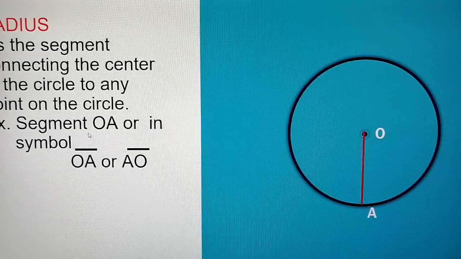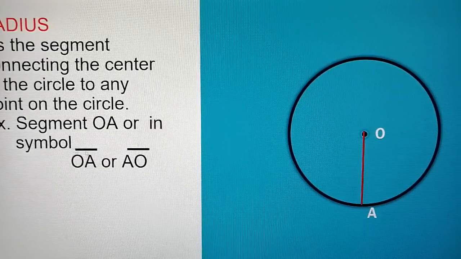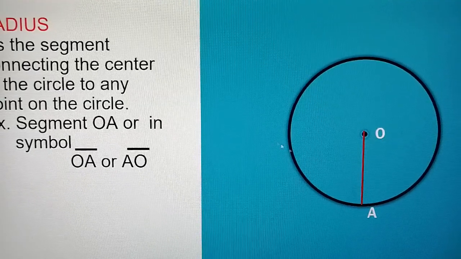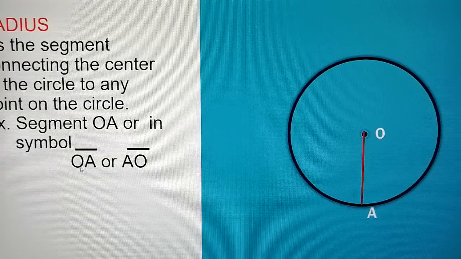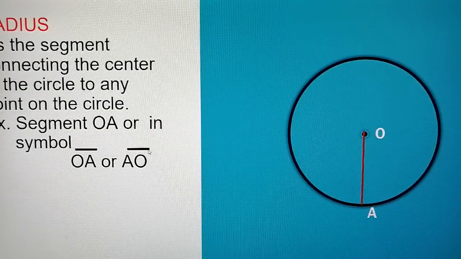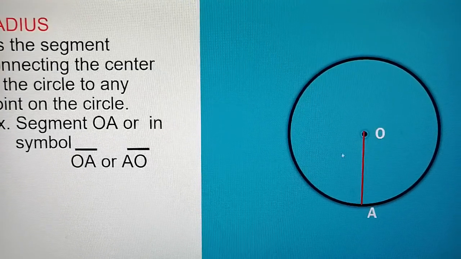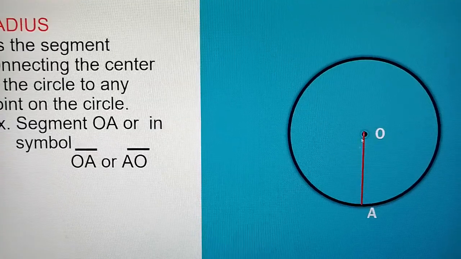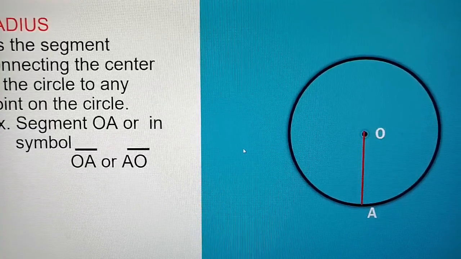And in symbol, we have segment OA, which is also the same as segment AO. So take note, we use this line segment symbol to refer to the segment connecting O and A.